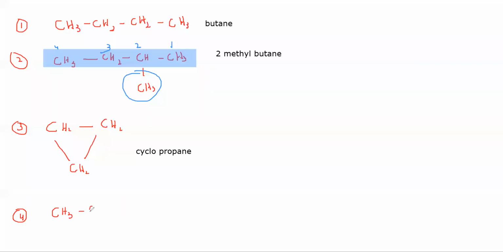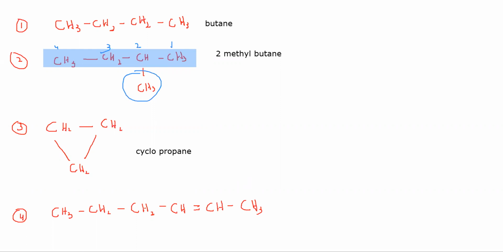CH3, CH2, CH2, CH double bond, and CH2. What is the name of this compound? 6 carbon atoms are there, so hexene.